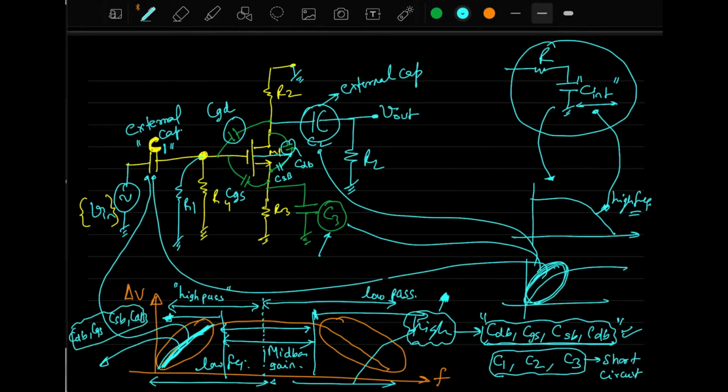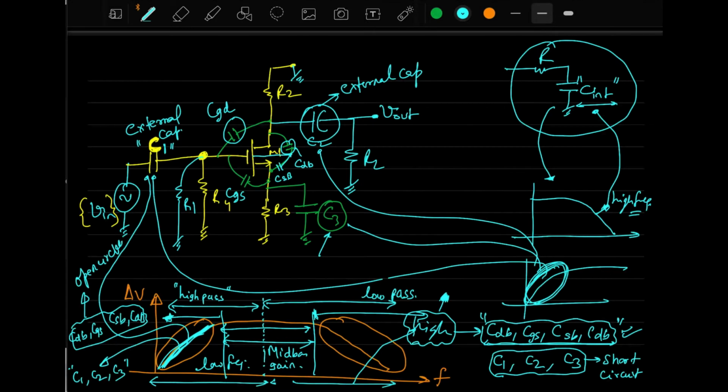Whereas in the low frequency part, all the internal capacitances CDB, CGS, CSB, CDB will be open circuit, and the only ones present are C1, C2, C3. They are present when you are performing low frequency analysis.